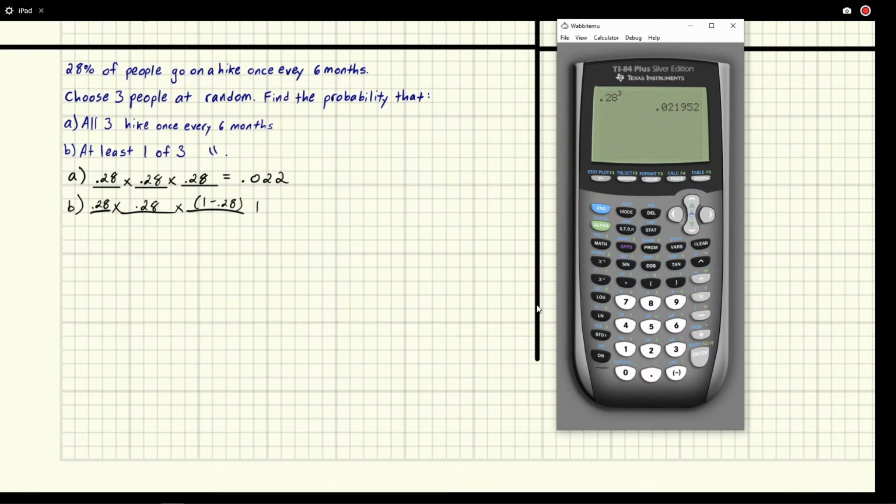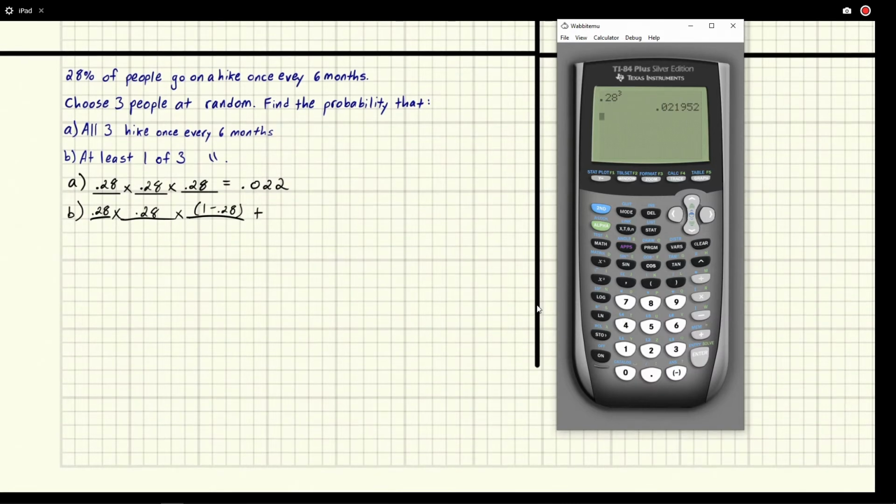But there's this other thing, so we'd have to add, what if the next person went on a hike? This middle person didn't, 1 minus 0.28, and this next person also didn't, 1 minus 0.28. You'd have to go through and find all these combinations. So this is just not a great way of doing it.